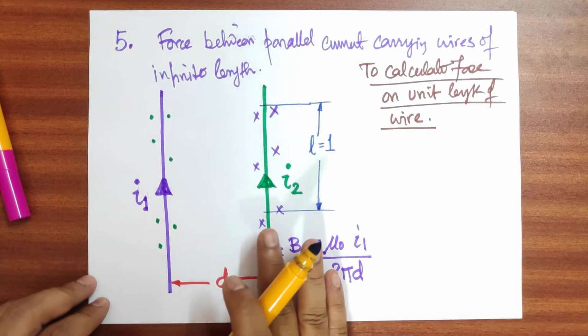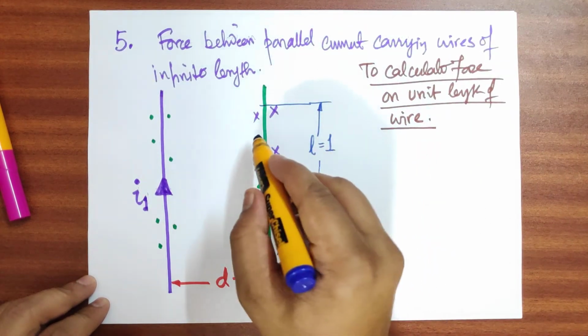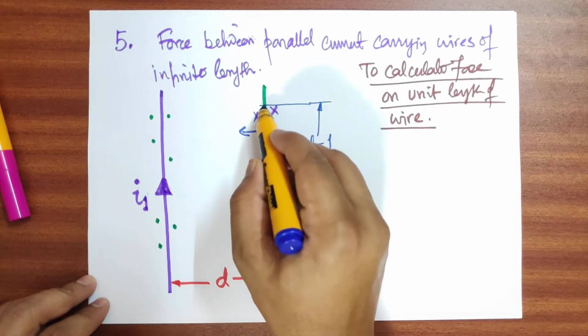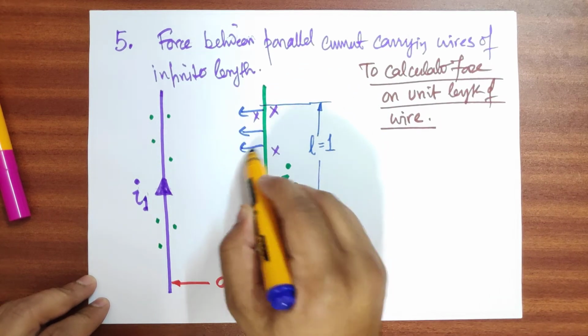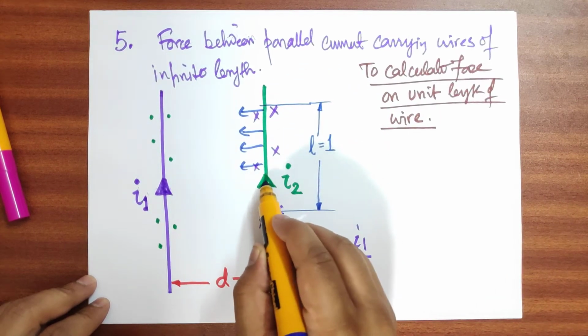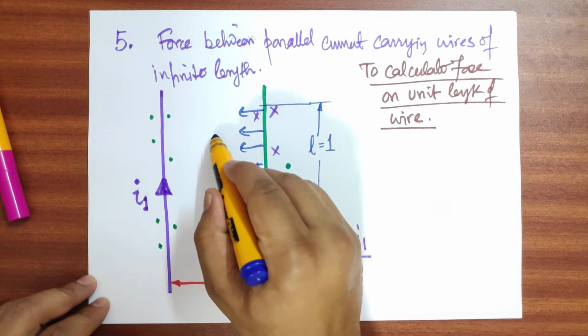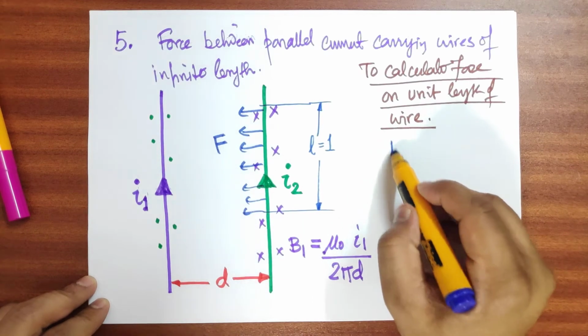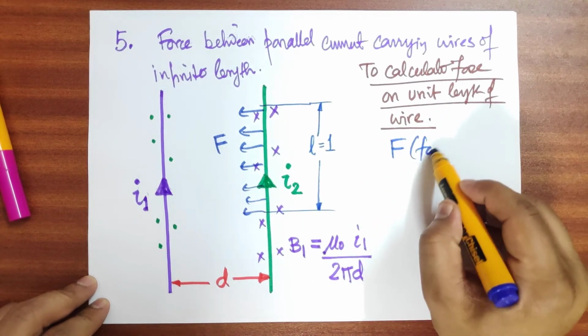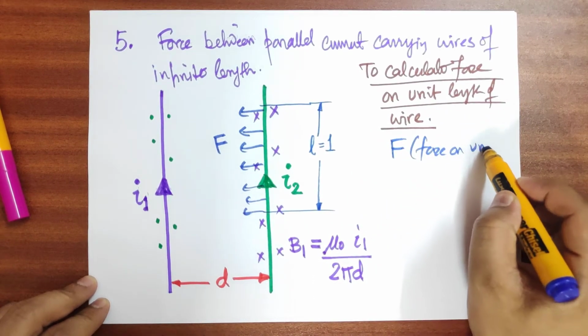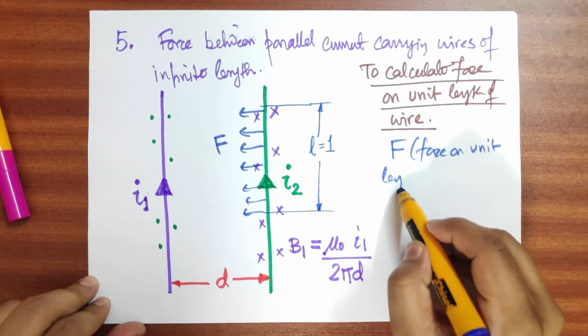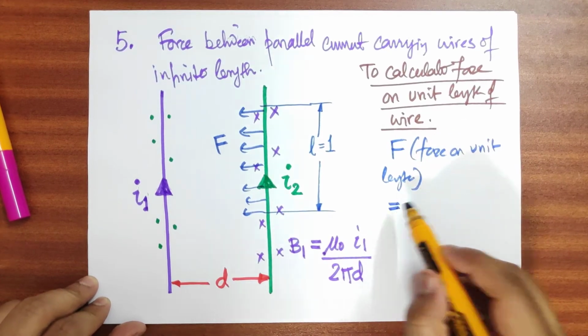So I L cross B, the force is in this direction. F is the force per unit length, then we can apply the formula.